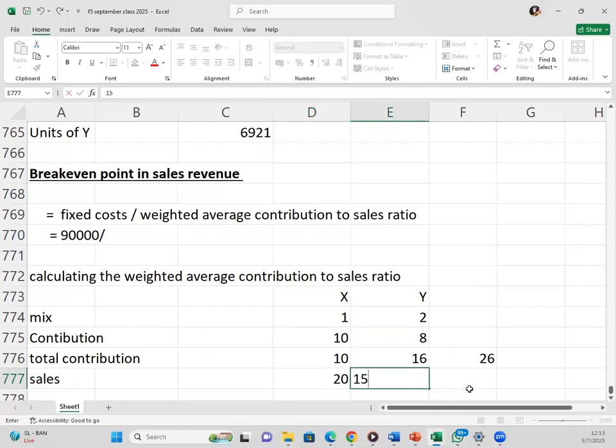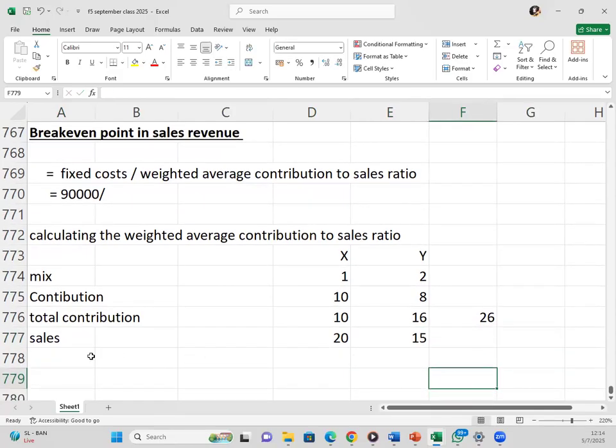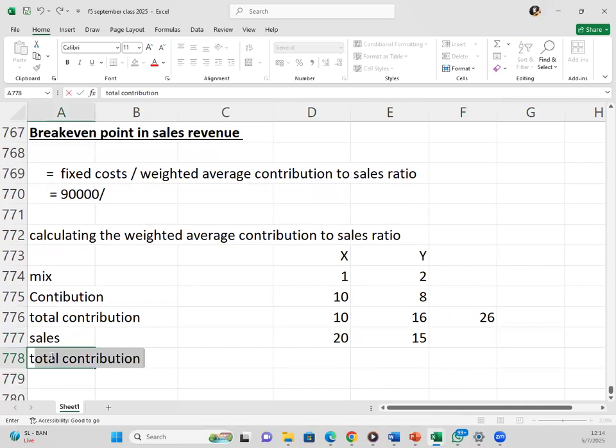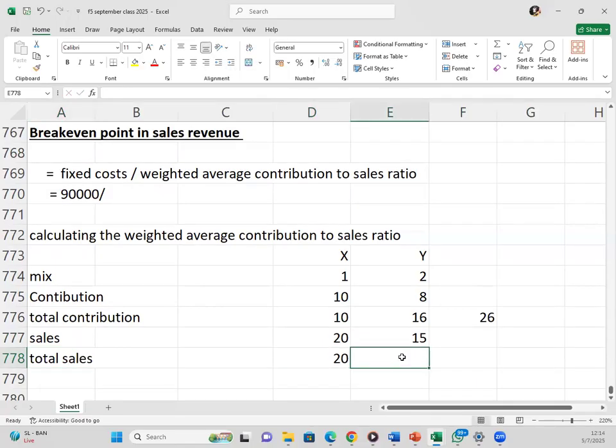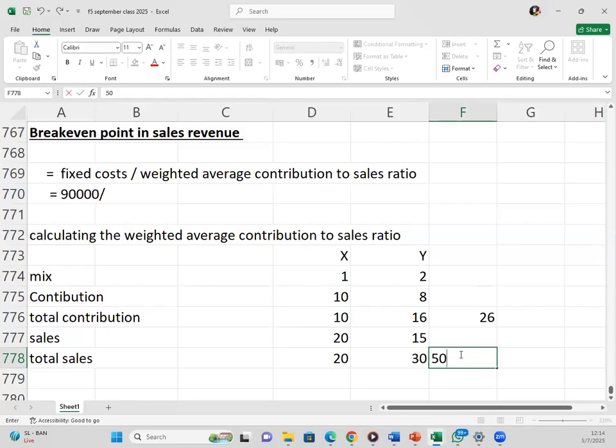So this is for 1 unit. For total sales, you're saying 20 times 1, that's 20. 15 times 2, that's 30. So in total, we're going to get sales of 50. So in every transaction, we get sales of 50, and we get a contribution of 26.